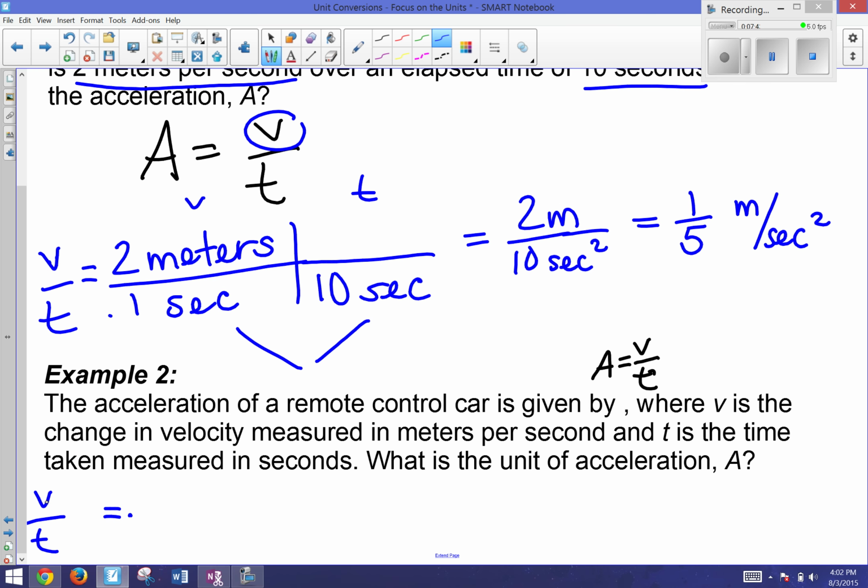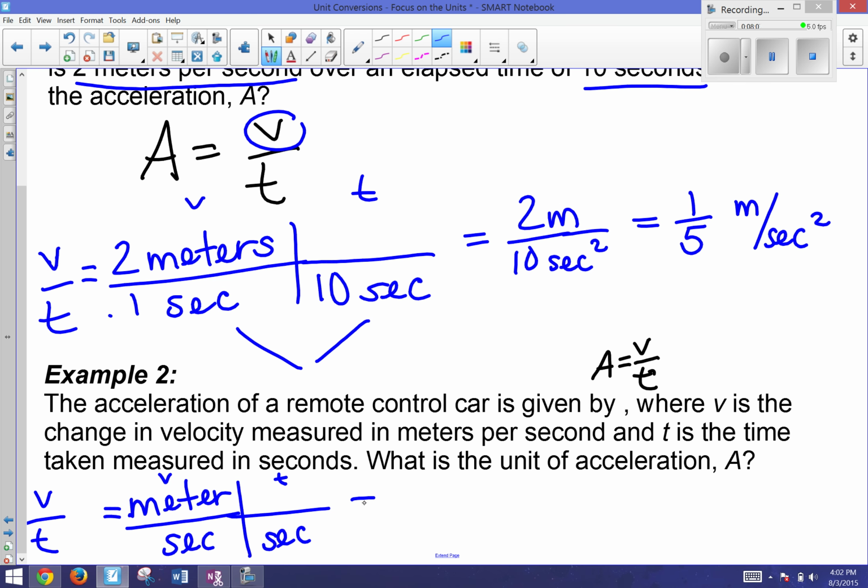So in place of V, no numbers this time, we're just going to have meters per second. So that's our V represented. And T is time, but in the formula, T is in the bottom and measured in seconds. So we put that for T, the seconds, in the bottom of our dimensional analysis ladder.